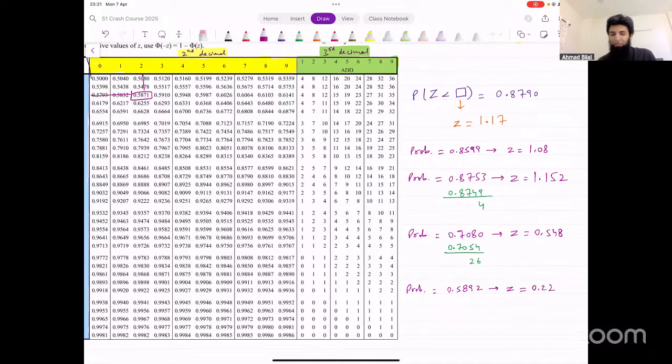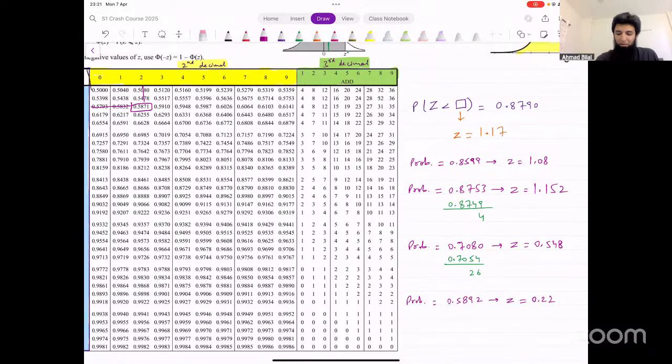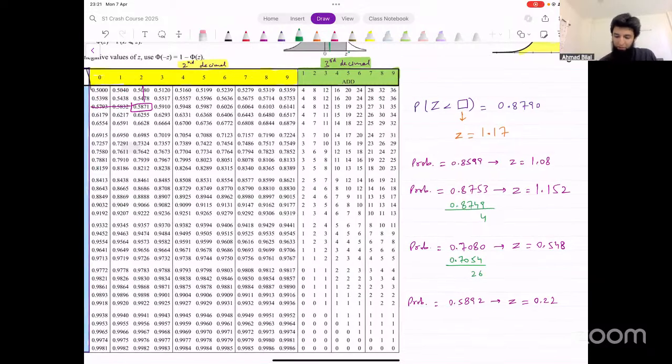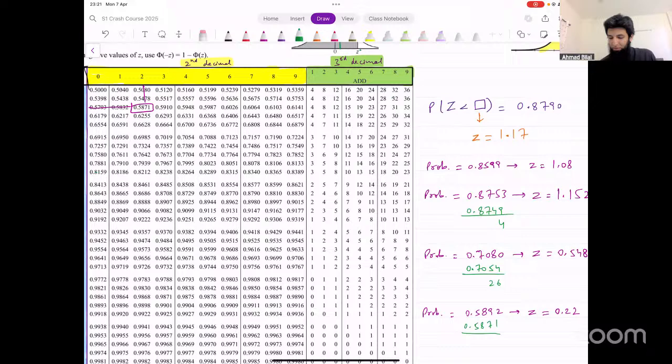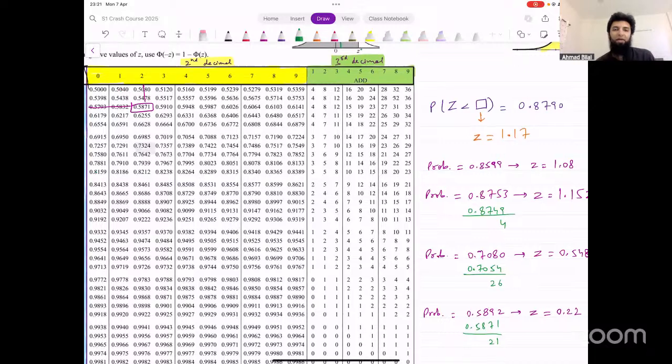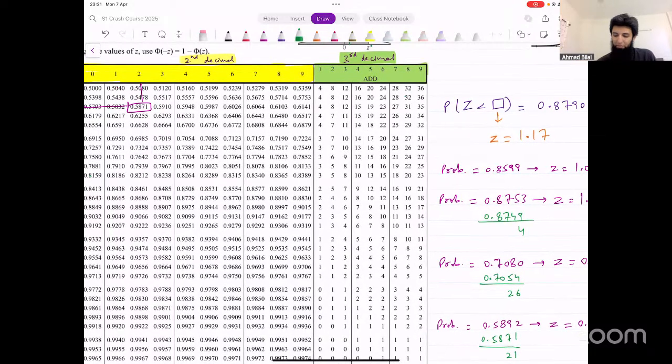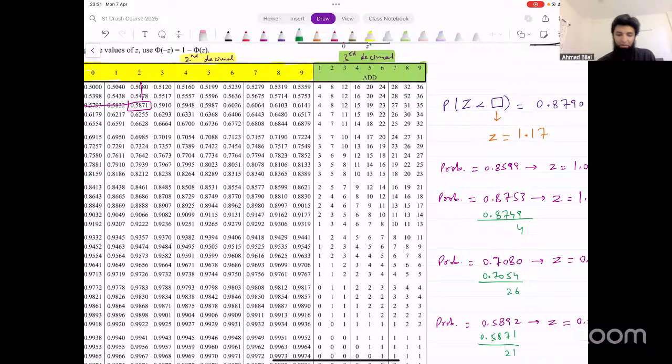And then, what number have we found there? We have found 0.5871. What's the difference? 21. We need to add 21 more to get that value. Right?